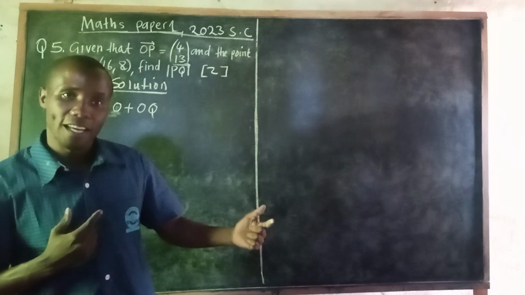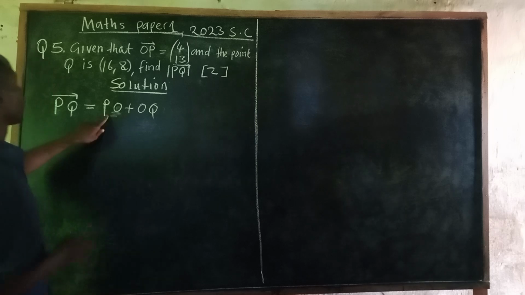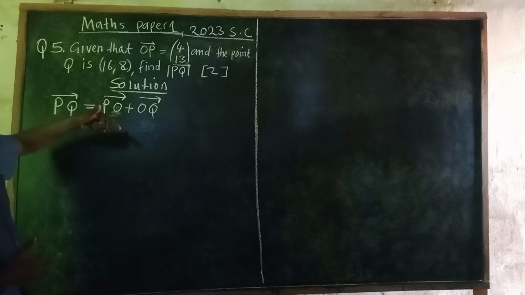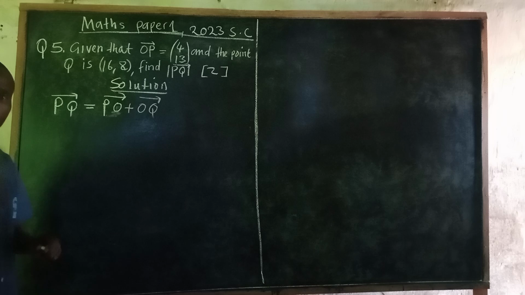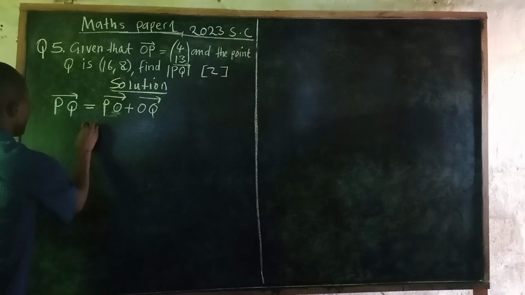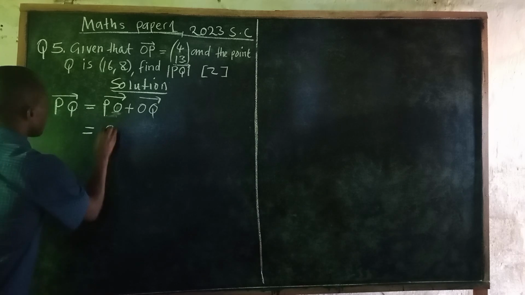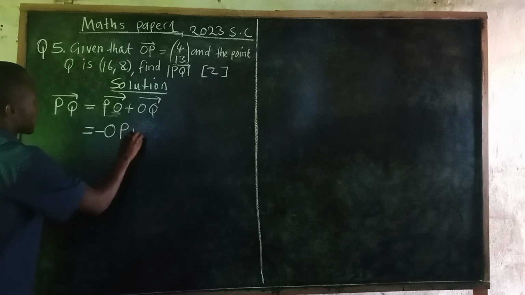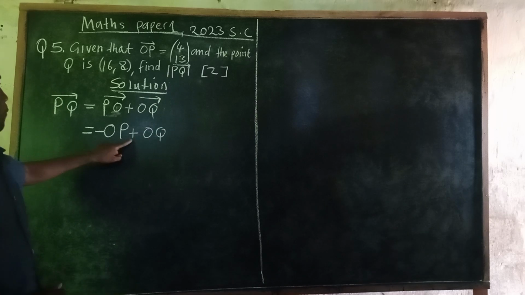So PO moved in the opposite direction. So always you should start at the origin, so we swap this now, whereby you start from O. So it will be negative OP, plus OQ. This is negative OP plus OQ.